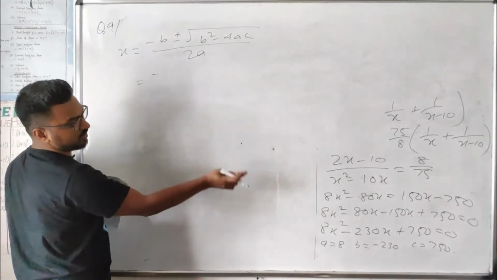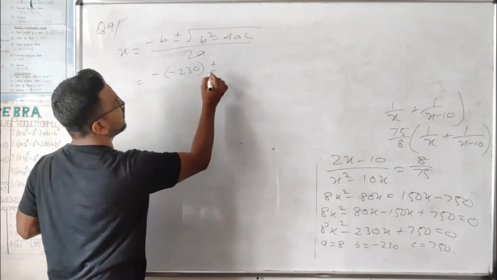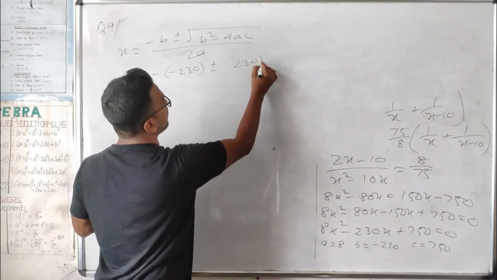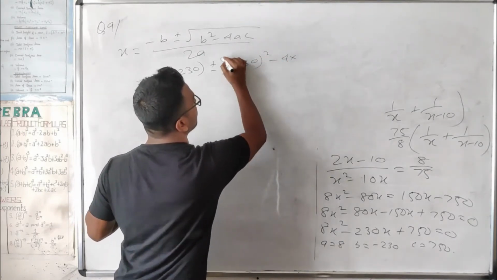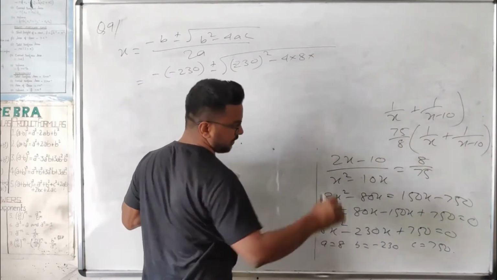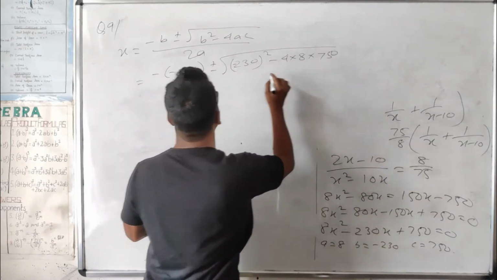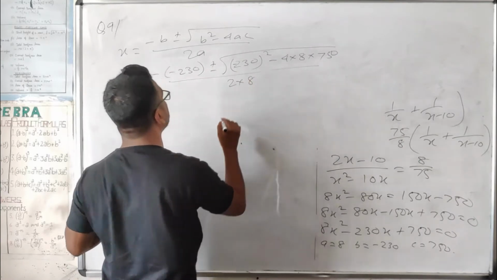So just replace these values here. So minus, what is b? B is minus 230, plus minus square root of 230 square minus 4 into a is 8 and c is 750, divided by 2 into a is 8.